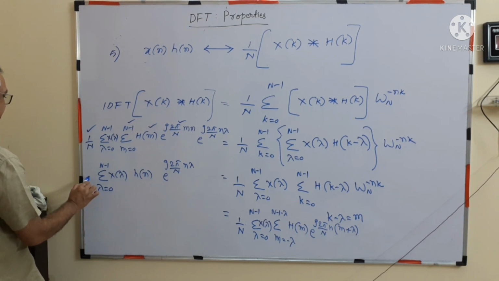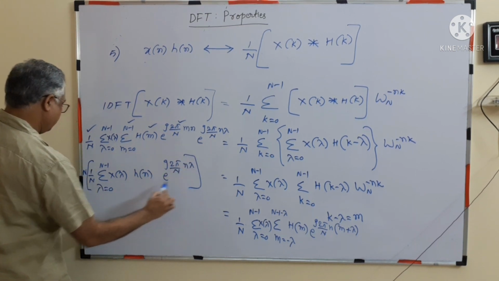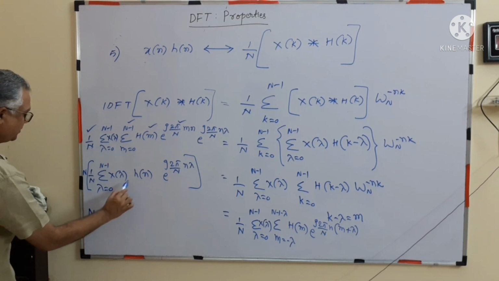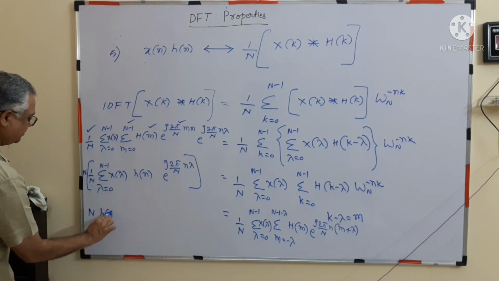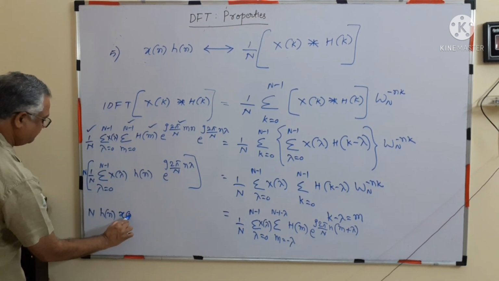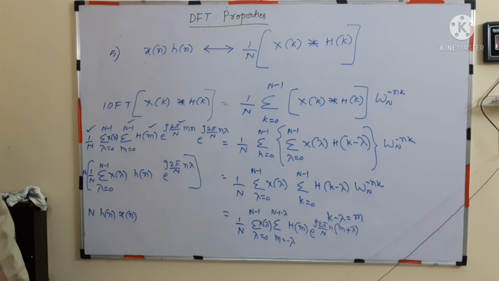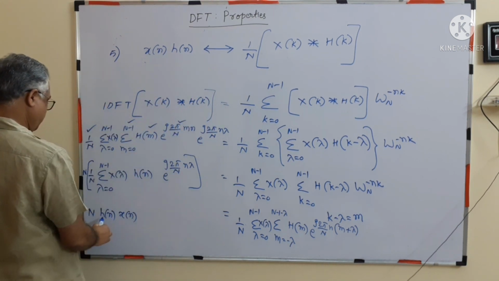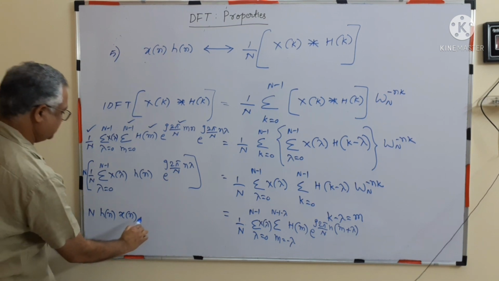Okay. So here again we want 1 by N. Again N. So this is nothing but N, H of n. This and this is nothing but X of n. So we started with this N into X of n, H of n. This is the LHS.